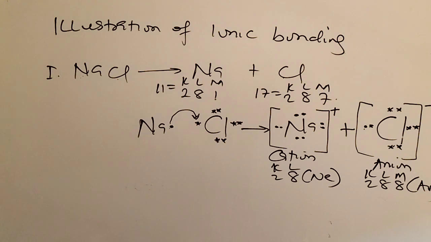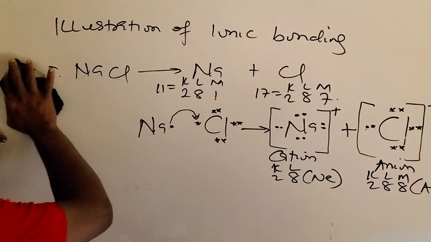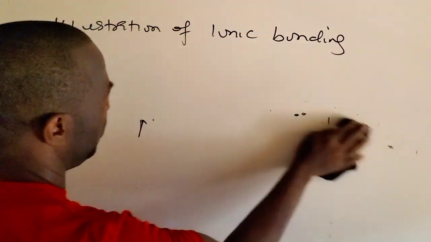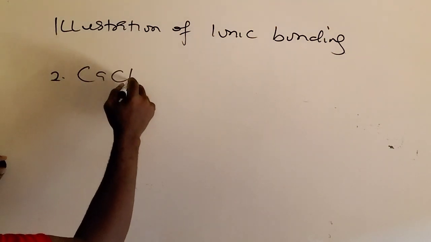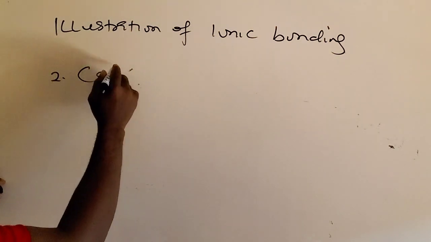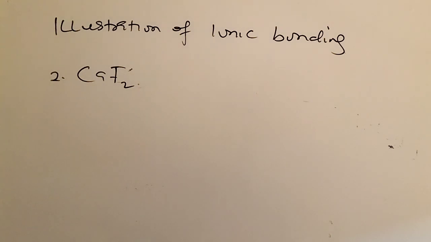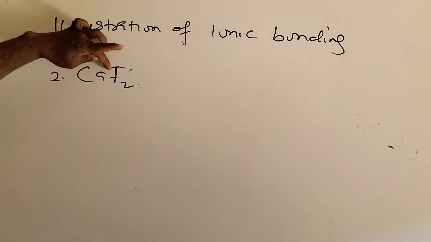I want to take another example of this. Number 2, I'll use calcium chloride, or rather let me use calcium fluoride. You change the elements. Calcium fluoride. So you look at it, this is an ionic compound containing a metal and a non-metal.